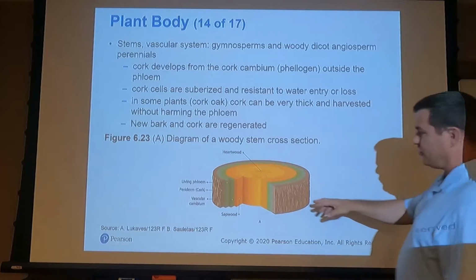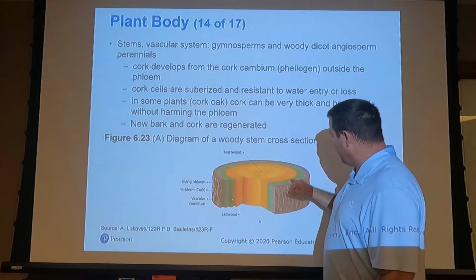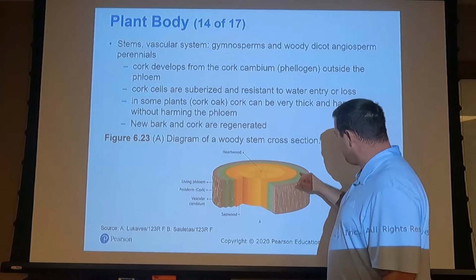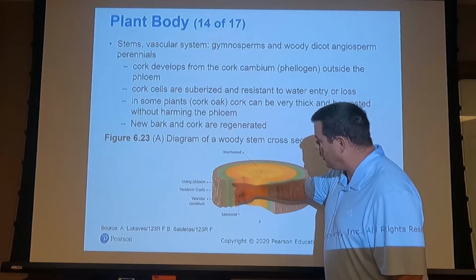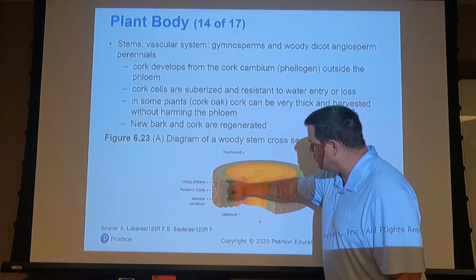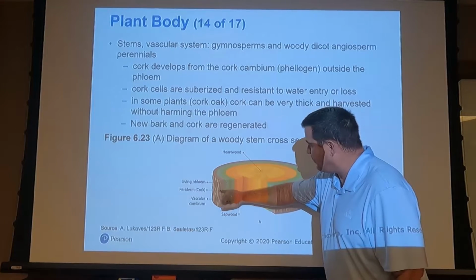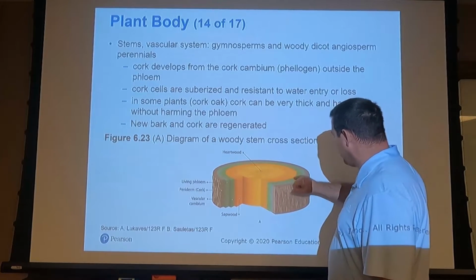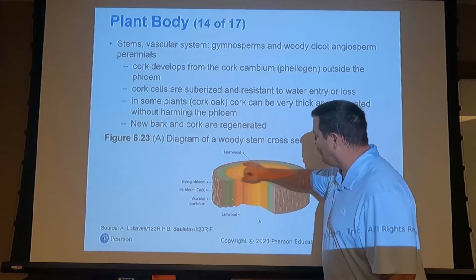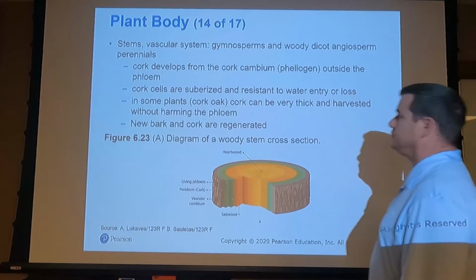Here's a better look at this, where we have the rings that are growing through the tree. And as we start to grow outward, here's our phloem. We have the cork, and then our vascular cambium, which is going to contain more phloem and xylem.